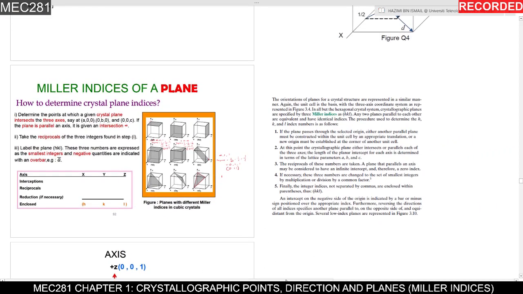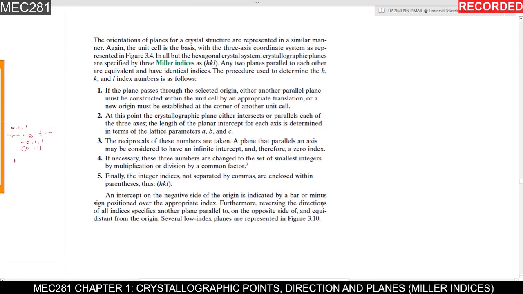Okay, we read here first. If the plane passes through the selected origin, either another parallel plane must be constructed within the unit cell by an appropriate translation, or a new origin must be established at the corner of another unit cell. At this point, the crystallographic plane either intersects or is parallel to each of the three axes.